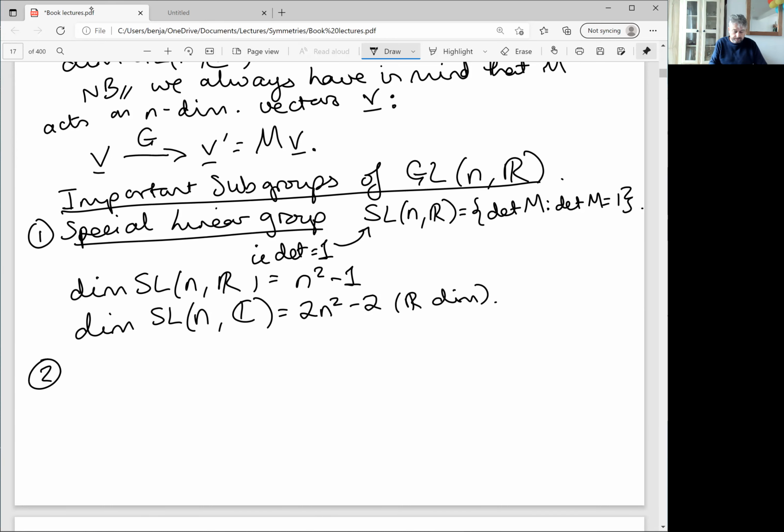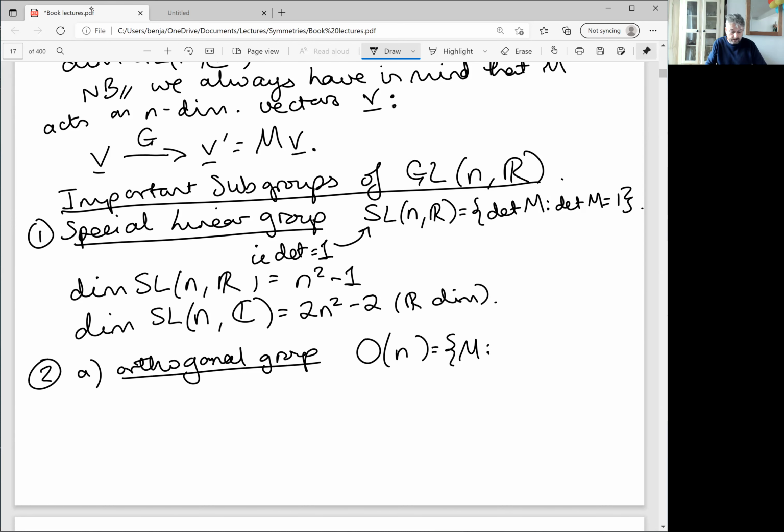Okay, second important subgroup, the orthogonal group. This is O n. This is the set of all n by n matrices where m transposed m is equal to the identity matrix.